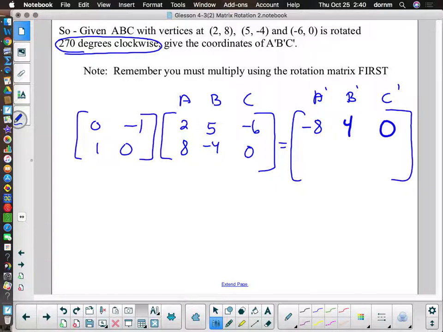All right, your first question is going to be what number is going to go next? So there's your first question of the day. Our next number, we're going to go row 2 times column 1. 1 times 2 is 2. 0 times 8 is 0. Then row 2 times column 2: 1 times 5 is 5. 0 times -4 is 0. 5 plus 0 is going to give me a 5.